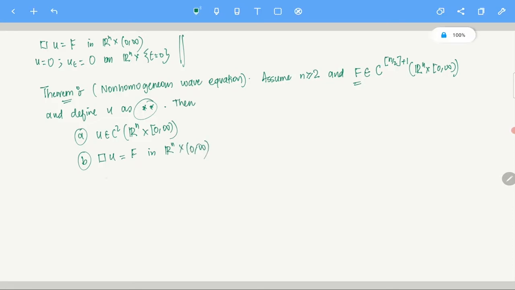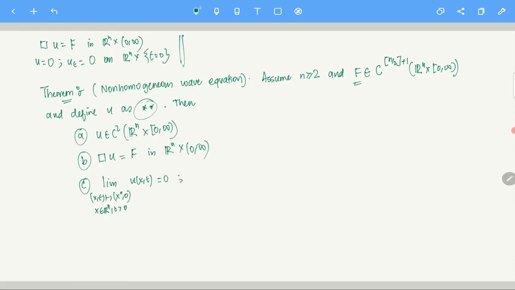Okay, and the boundary condition is given like this: limit as (x,t) goes to (x naught, 0), x in Rn, t positive, U of (x,t), that is 0.